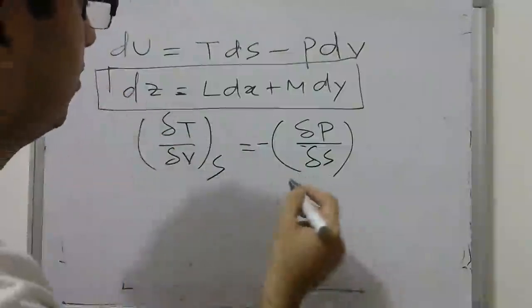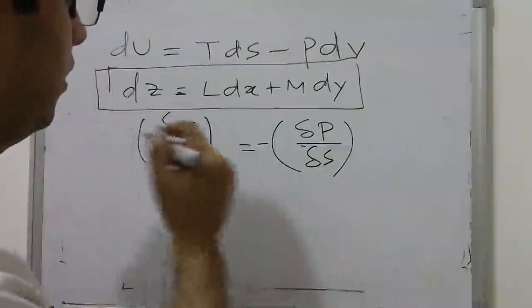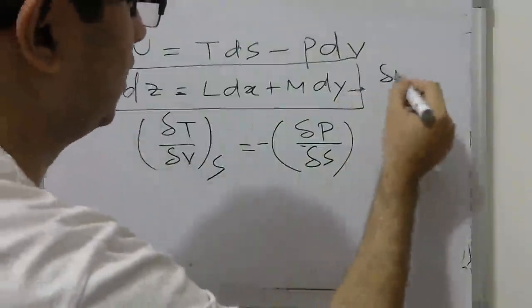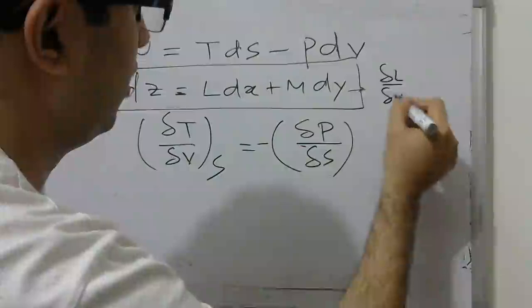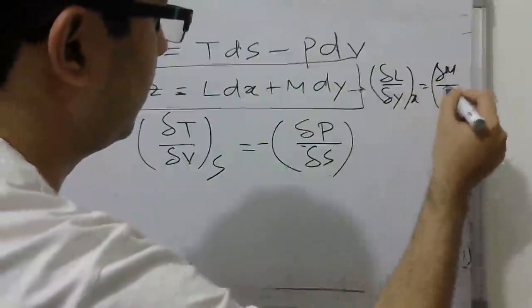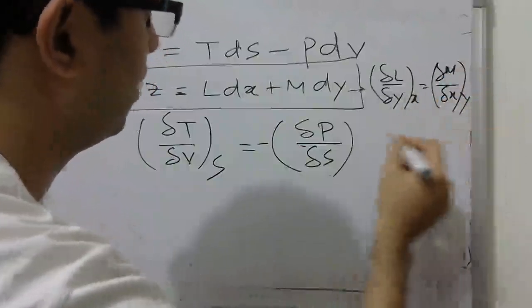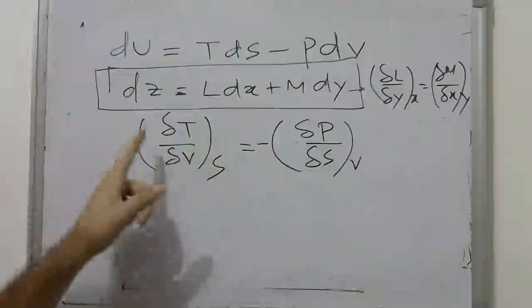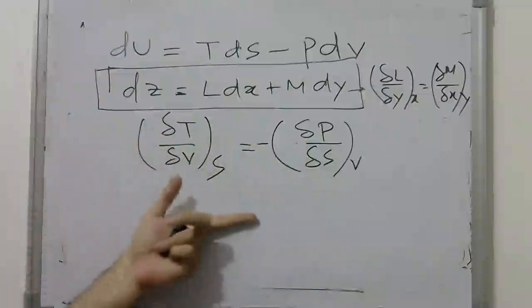You just write this analogy: del L del y at constant x is equal to del M del x at constant y, so at constant V. This is the relationship we can directly write.